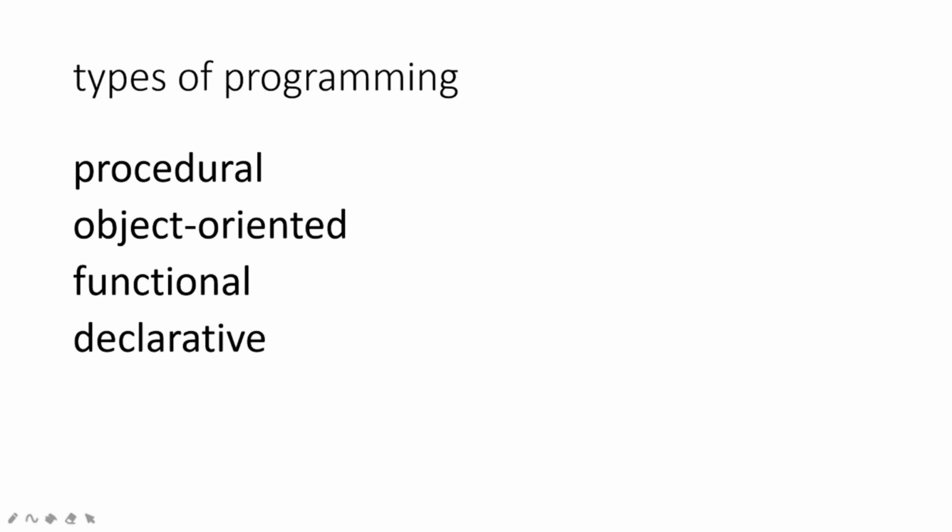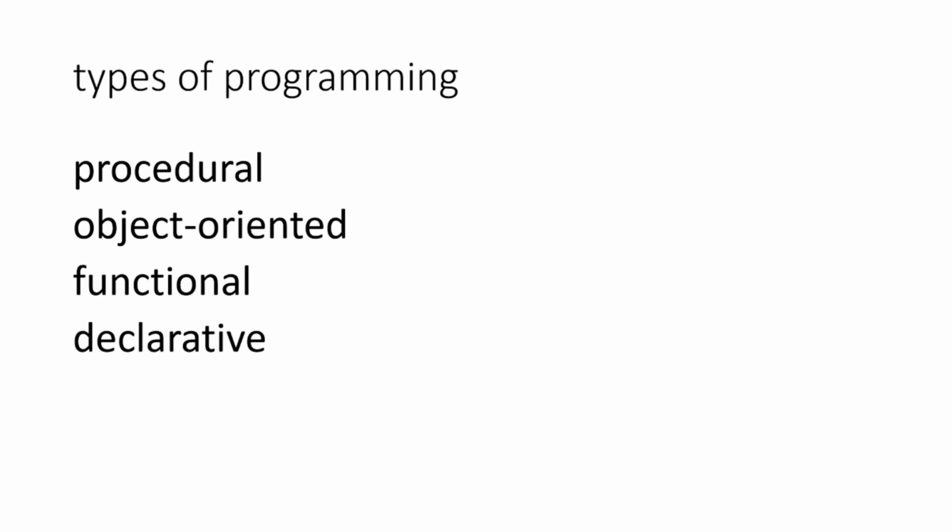Procedural uses programming languages like BASIC, C, Java, Pascal, and object-oriented uses languages like JavaScript, Java, Python, C++.